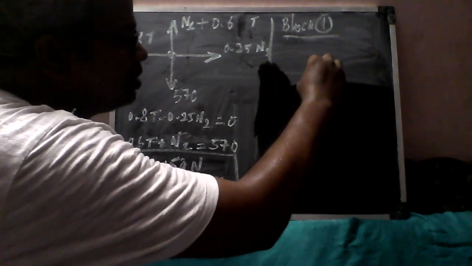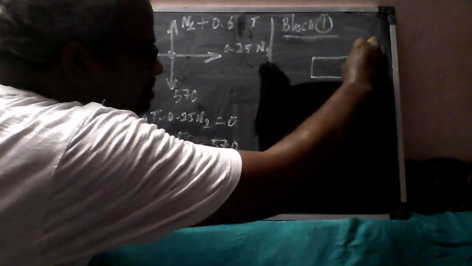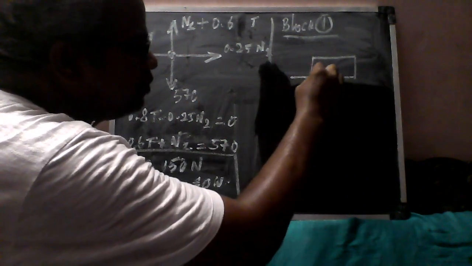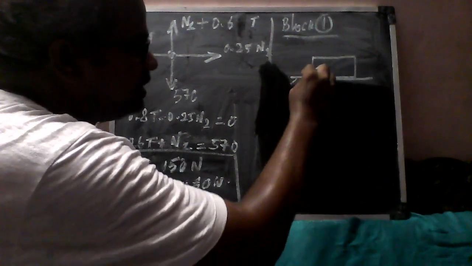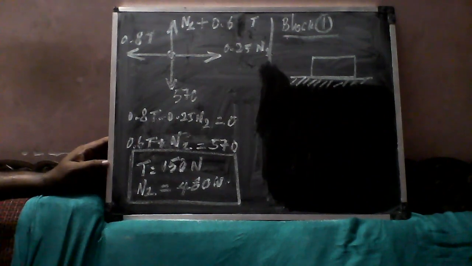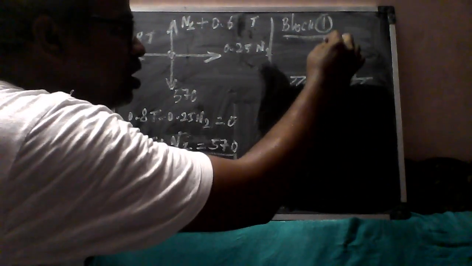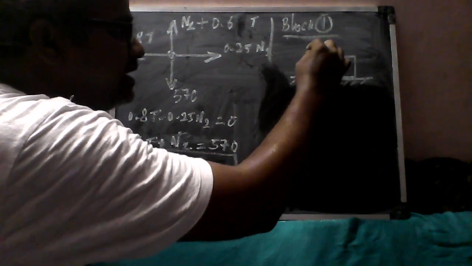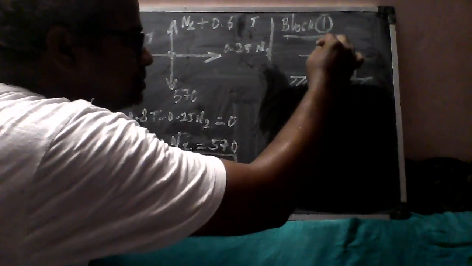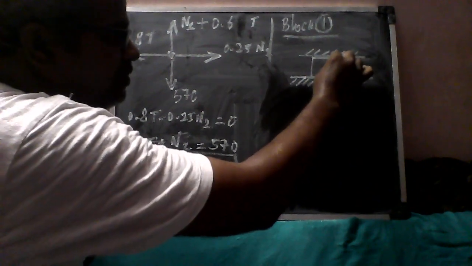This block 1, on the floor, it is having a contact with the floor, and over this I have a block. That block is also having a contact with this block 2. What is the weight of the block?